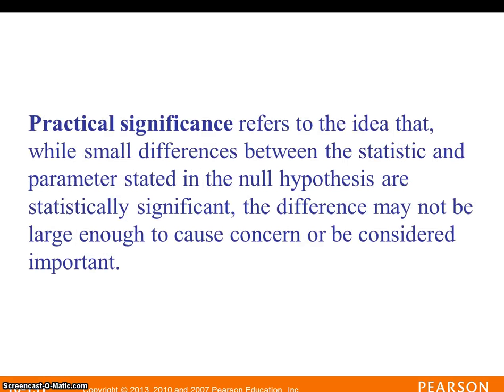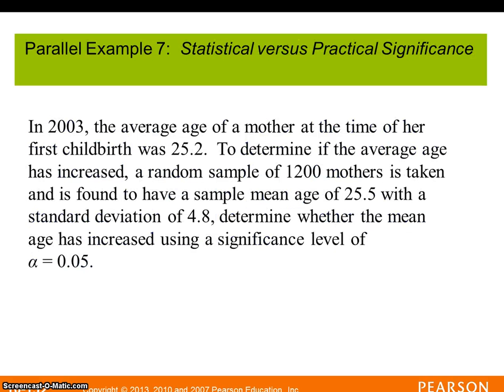So practical significance refers to the idea that, while small differences between the statistic and parameters stated in the null hypothesis are statistically significant, the difference may not be large enough to cause concern or to be considered important. Or, again, there may be nothing you can do about it.